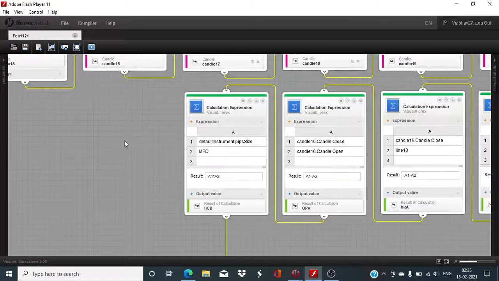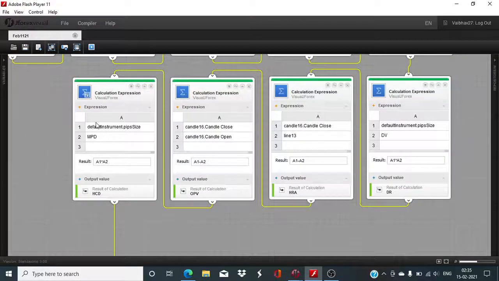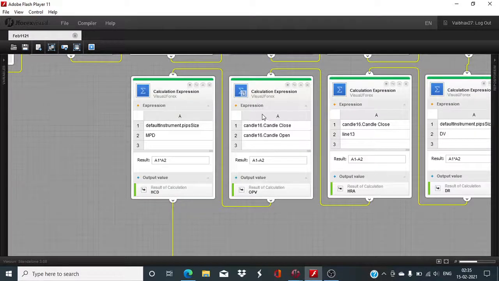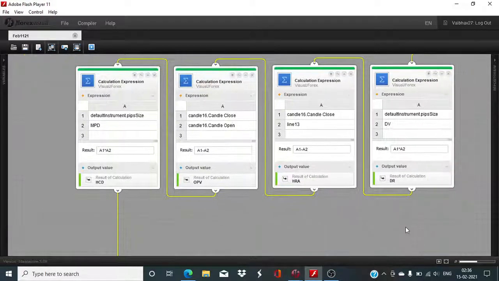For defining the pip values, we have already done the calculation in the prior session. So these two calculations we are also going to use on the sell side. All we need to do now is define these differences, carry out the calculation for finding the differences, and then compare those results with these output values for the calculation which we have already done.